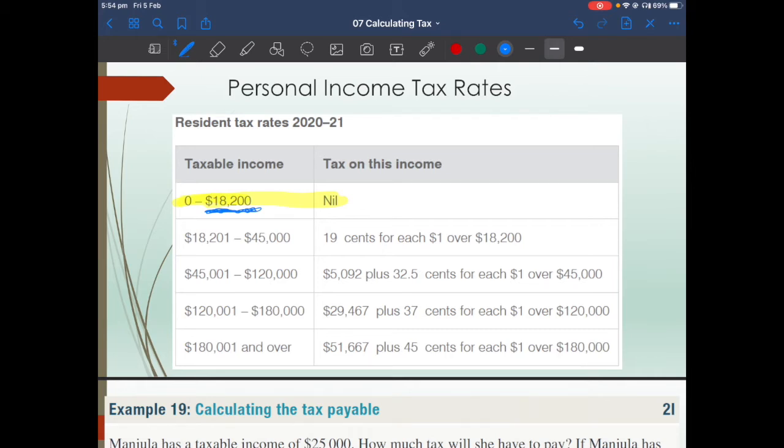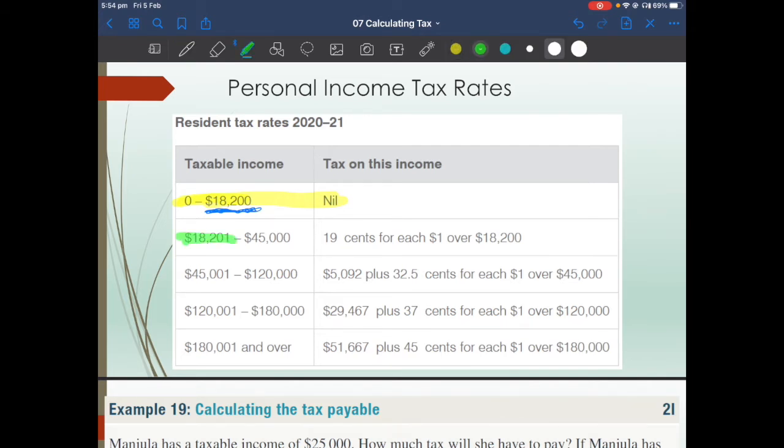This tax table here on this slide, I have taken from the Australian Tax Office. The ones that you'll see in your textbook are actually a little bit older than this, so the numbers will be slightly different.